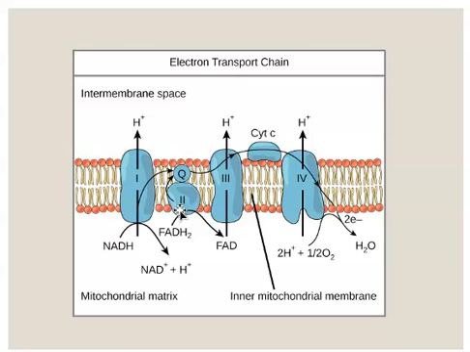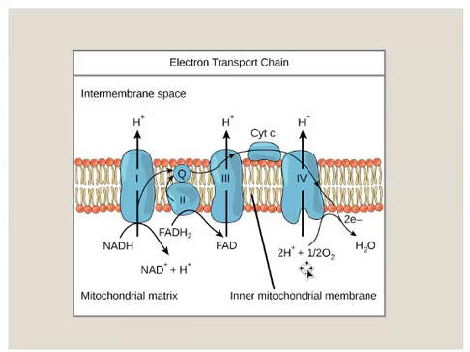Just know that these electron carrier molecules are going to donate their electrons. They're going to lose their electrons into the electron transport chain. They are getting oxidized. The electron transport chain gets reduced. And then the electrons are passed. They're passed through this complex. And along the way, their energy gets harvested.